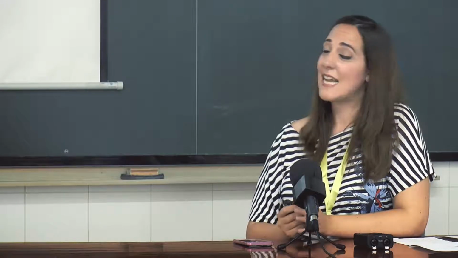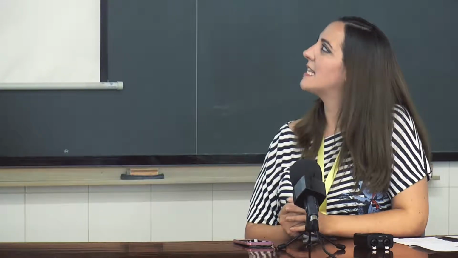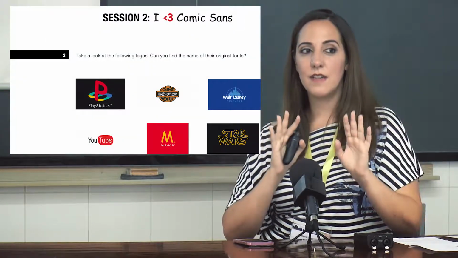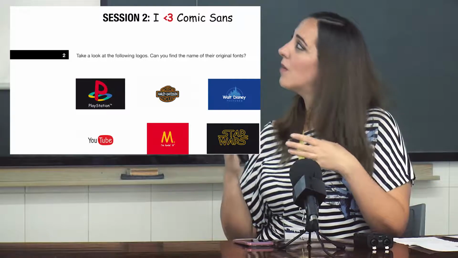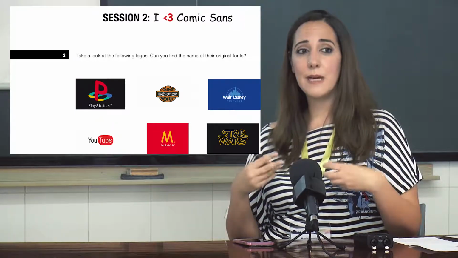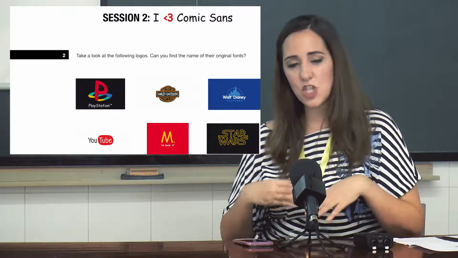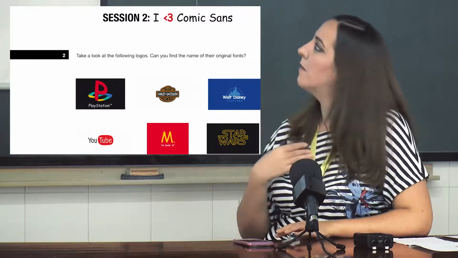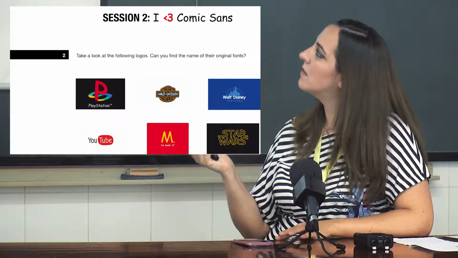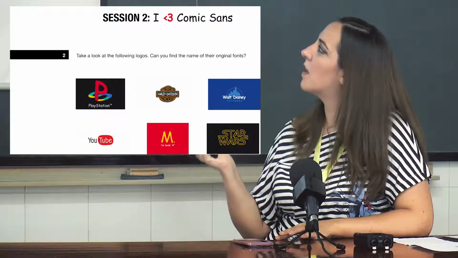This is the exercise that I planned, and in this exercise what we did was compare the usage of Comic Sans with logos that we already know, and they don't look good, but in a way they have to justify their answer. For me, it's especially disturbing, the one of Harley Davidson and the one from Star Wars.